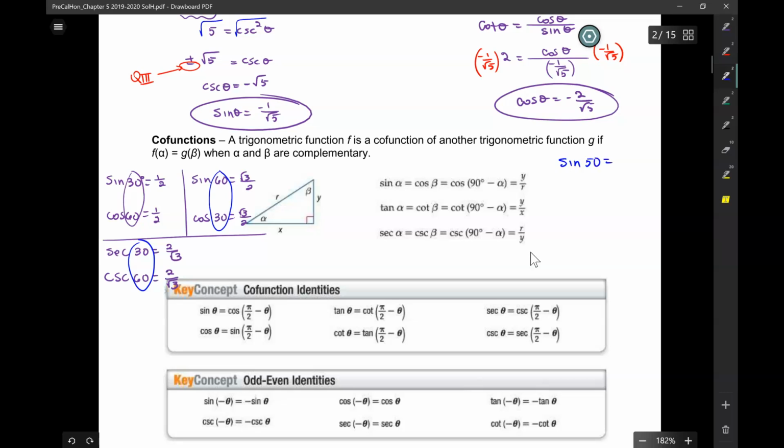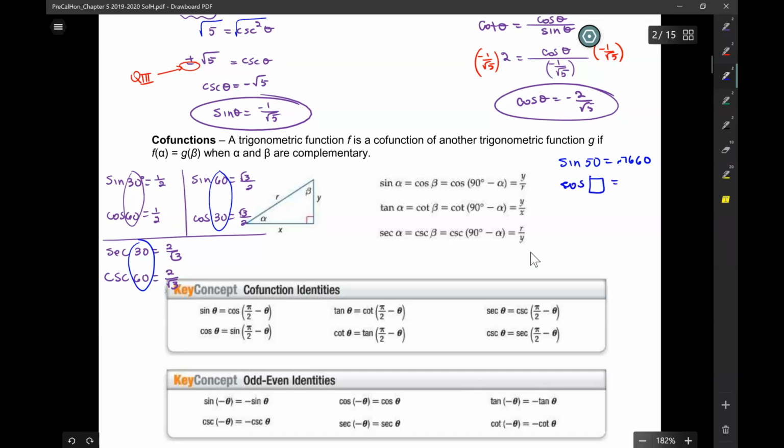So suppose, okay, who has their calculator up? Who can tell me what sine of 50 degrees is? 0.7660. Okay? So now, here's my question.